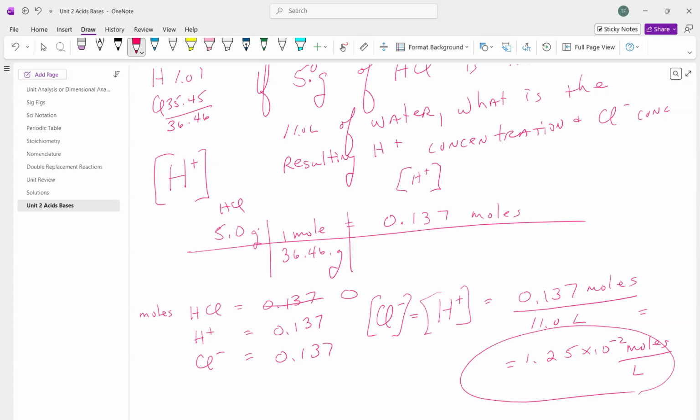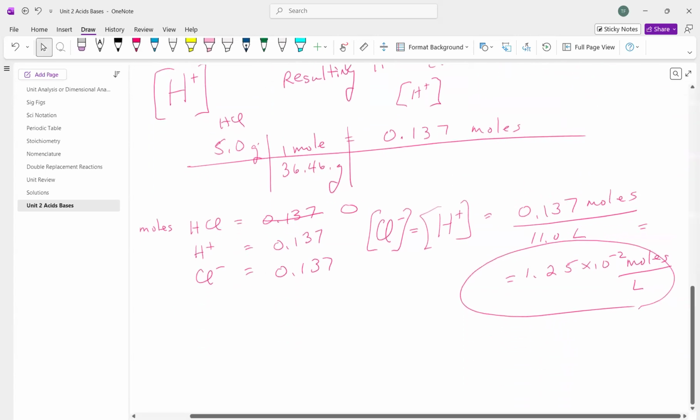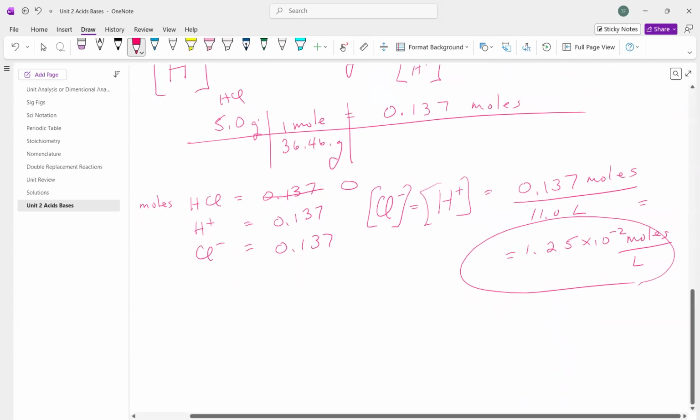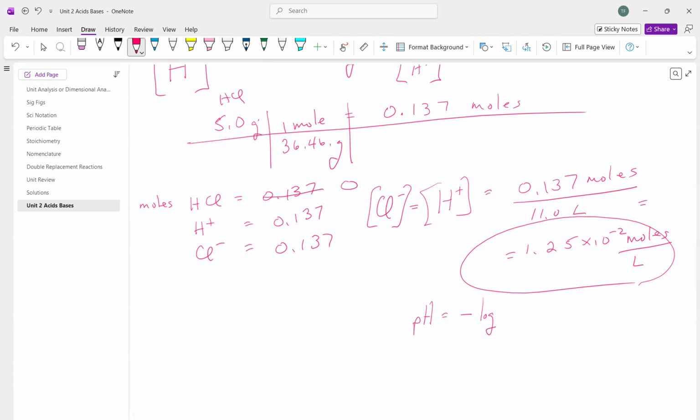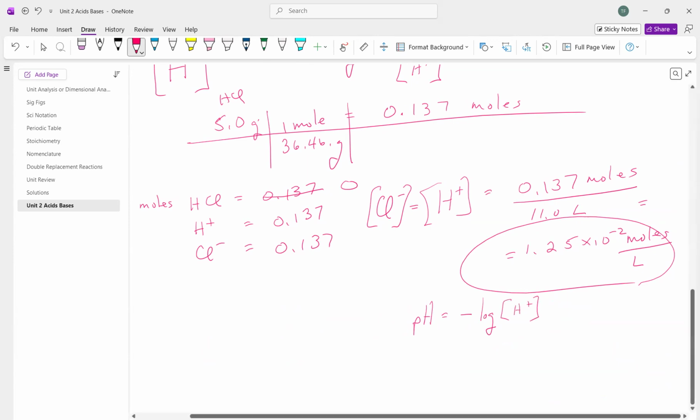Fancy name for an exponent. So if we were to calculate pH, it's the negative logarithm of the hydrogen ion concentration.